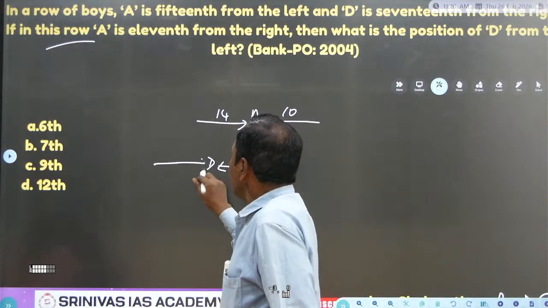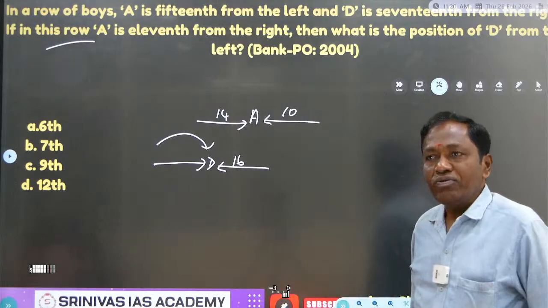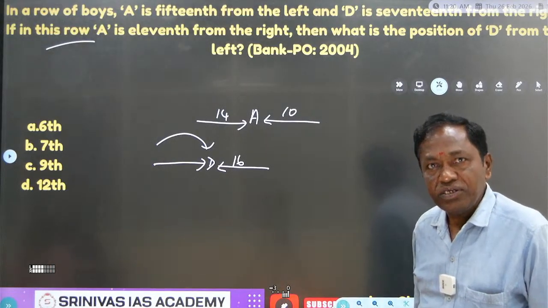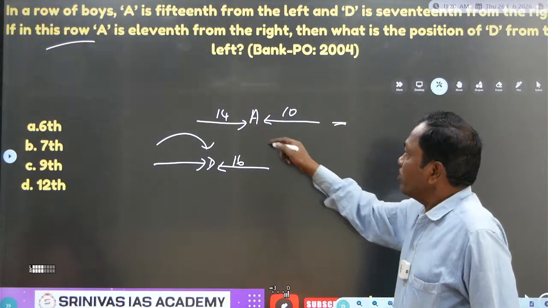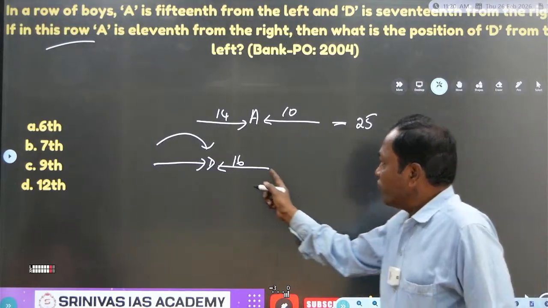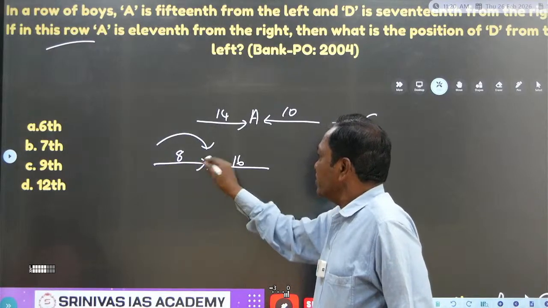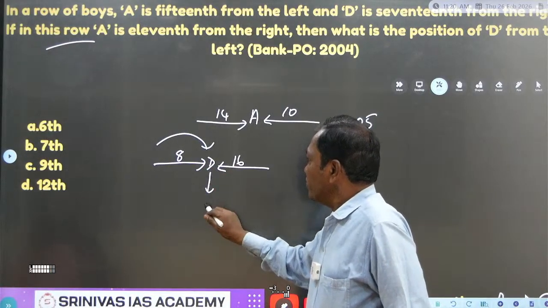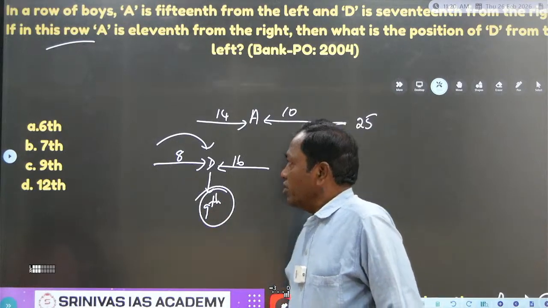The total is not given in the question, so let us find the total in this row: 14 plus 1 plus 10 is 25. The total size of the row is 25. 25 minus 17 leaves 8, so D is 9th from the left. Option C.